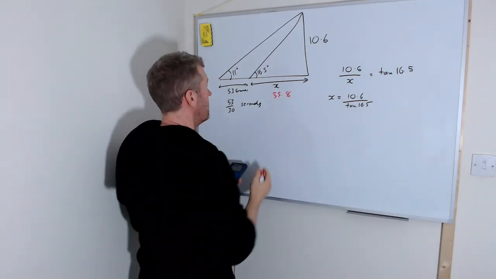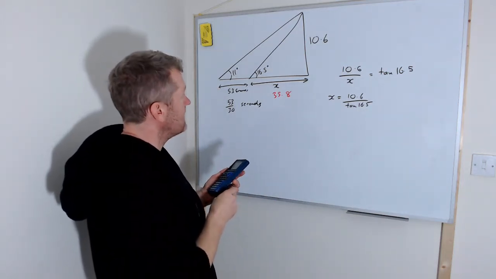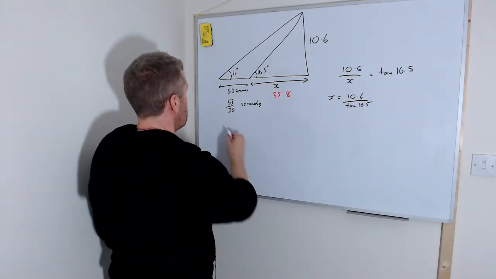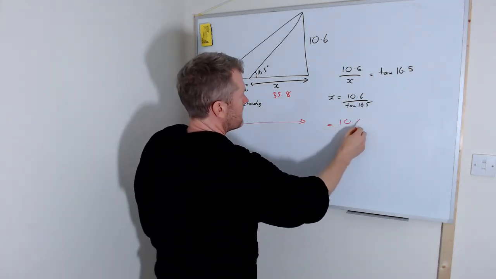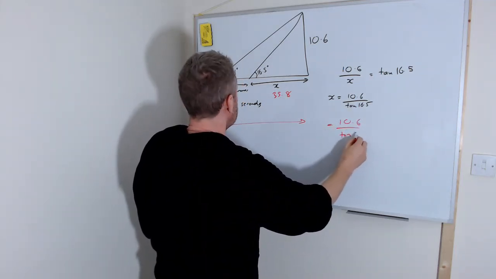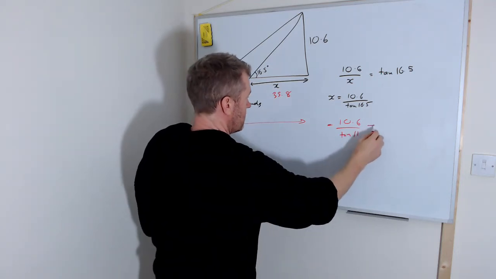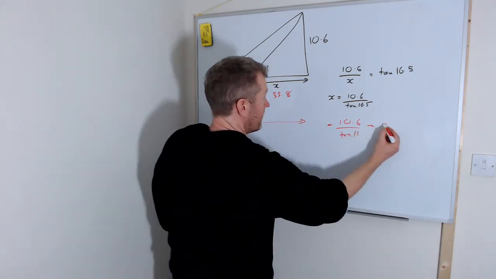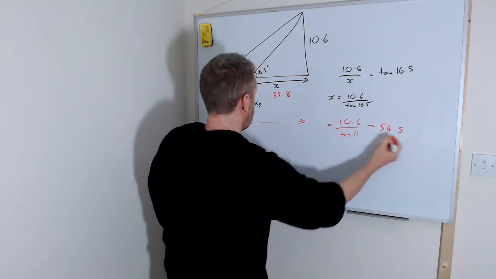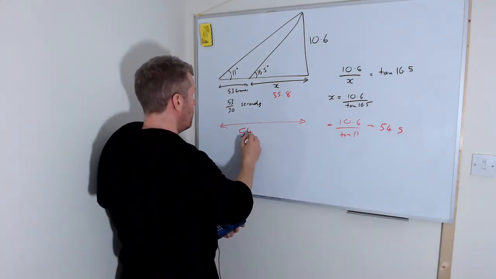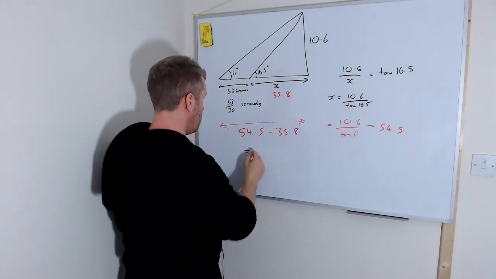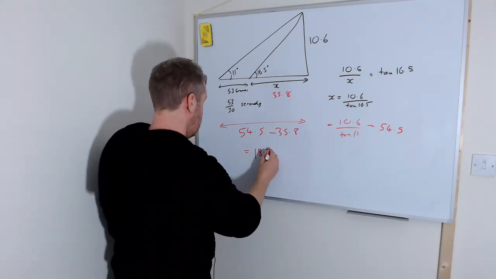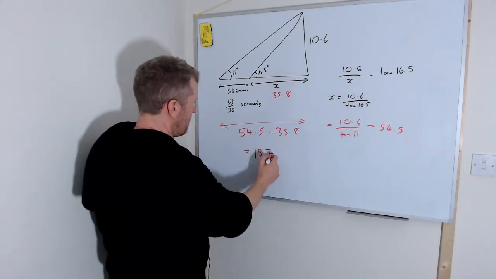And then this distance in total is going to be equal to 10.6 divided by tan of 11, and that's equal to 54.5. 54.5 minus 35.8 equals 18.7, and that's the distance.